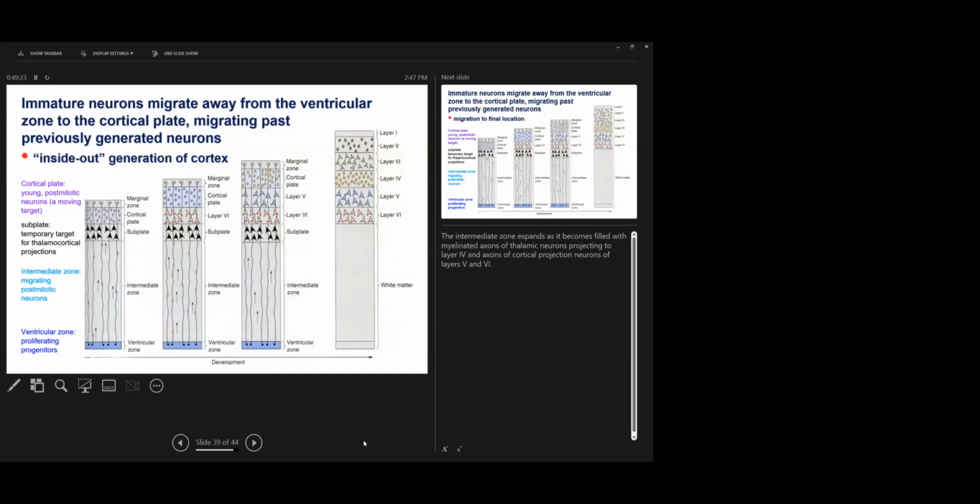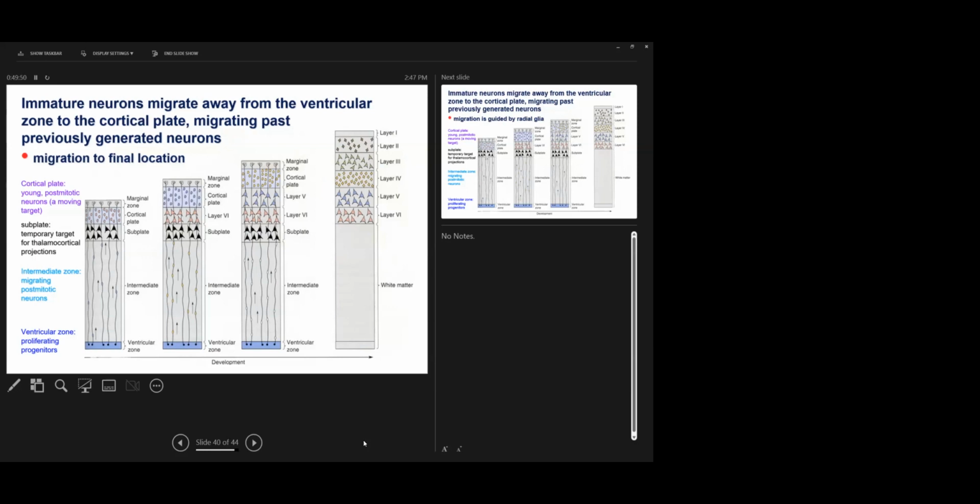Because of this phenomenon, neurons are generated and move outwardly, migrating to the cortex. After some time, you have development of the subplate, layer 6, layer 5, the cortical plate, the marginal zone, and finally all these layers. So you have generation of different layers with time.